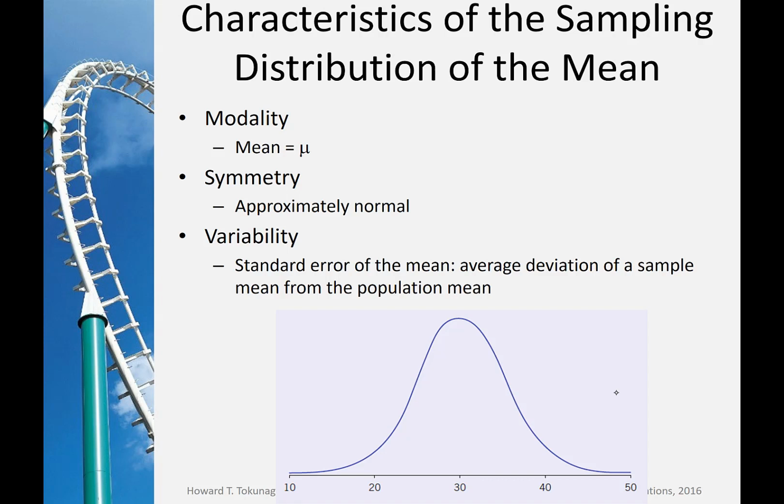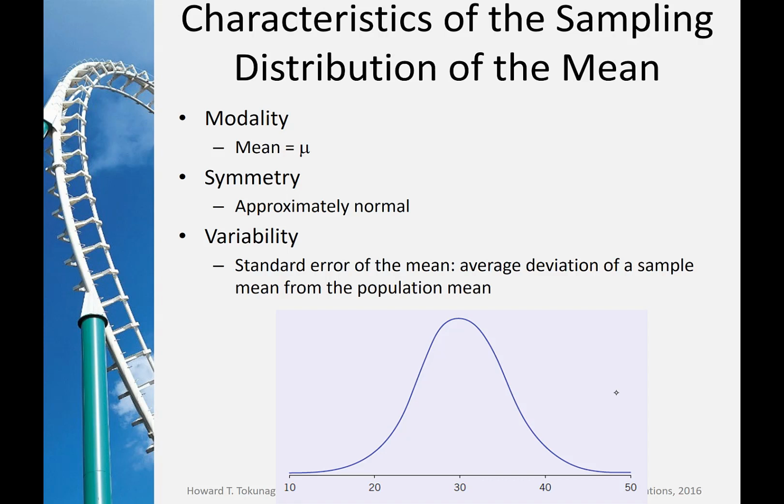In terms of variability, how do we discuss the variability? Well, again, we have a measure of that. But now when we think about our measure of variability, we're talking about the average distance from the mean. So now we're talking about the average distance of our average from the mean. And that gets really weird.